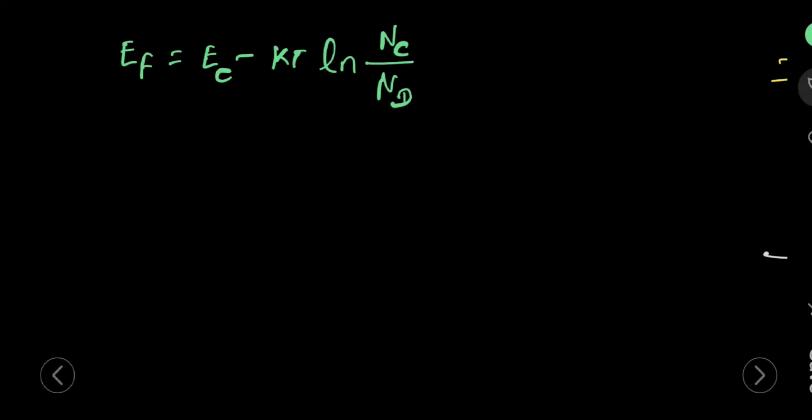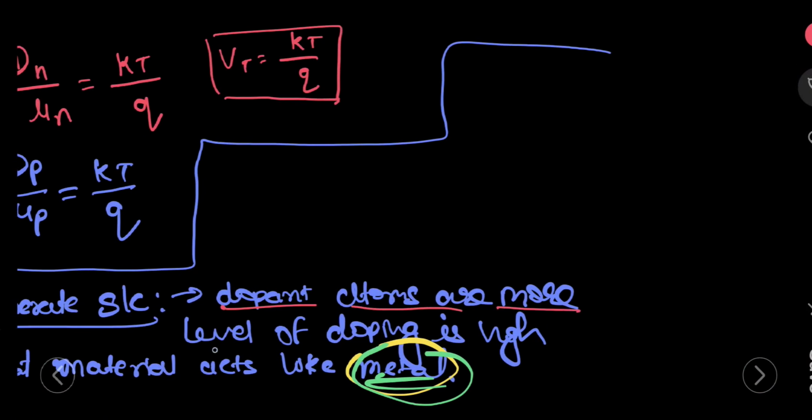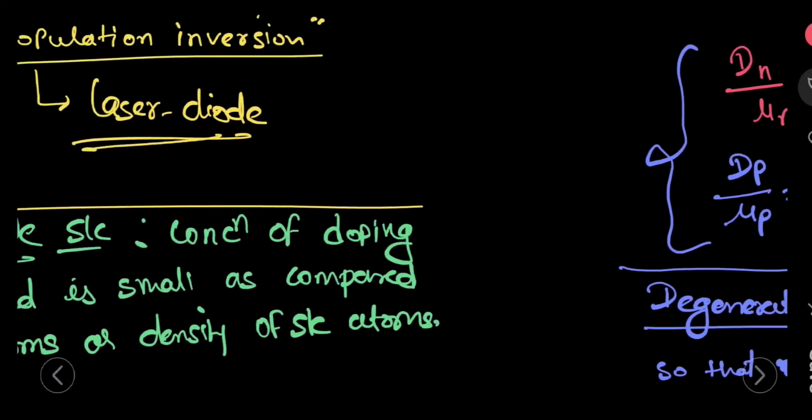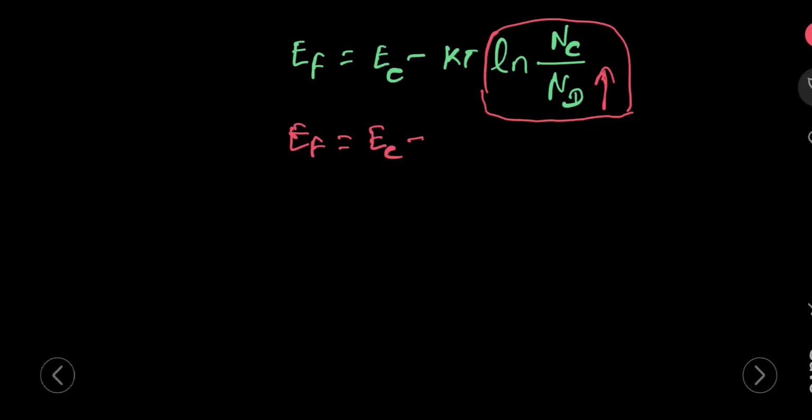If dopant atoms are more and more, this ND is high. Level of doping high means this parameter is high, and there is a chance that the log term will become more negative. So EC minus some negative value becomes EC plus some value.